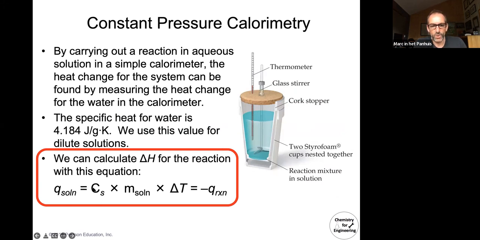We can measure the change in temperature before and after the reaction, and we know how much water we've got in there. Then we know what the specific heat is, which is this value CS. So we can then work out what the enthalpy is in this way.